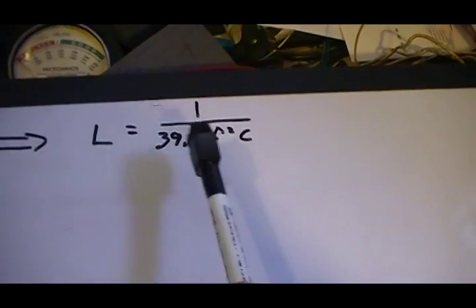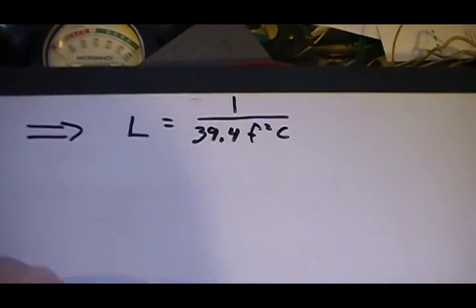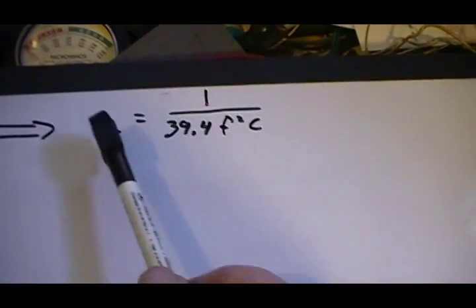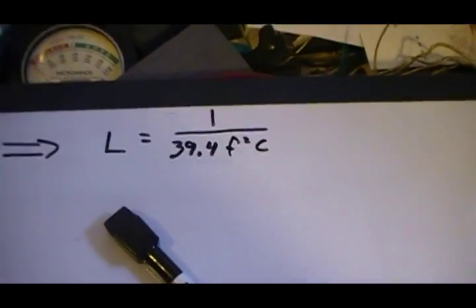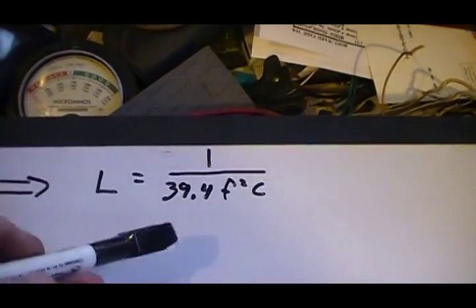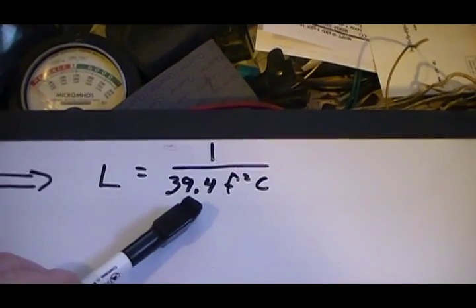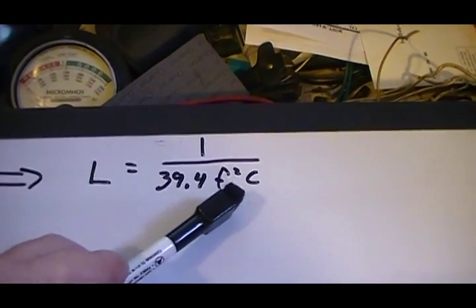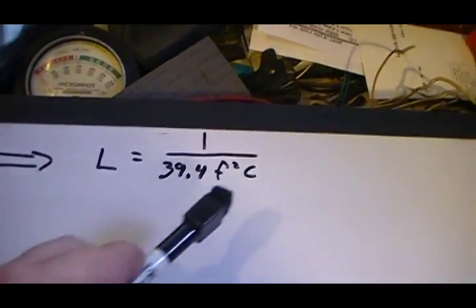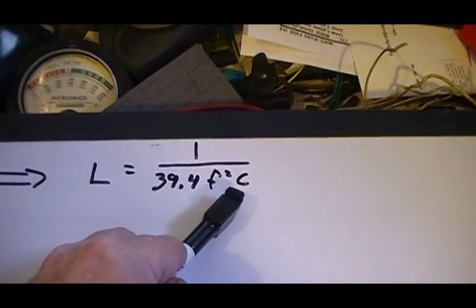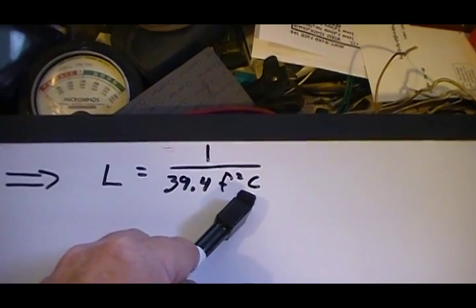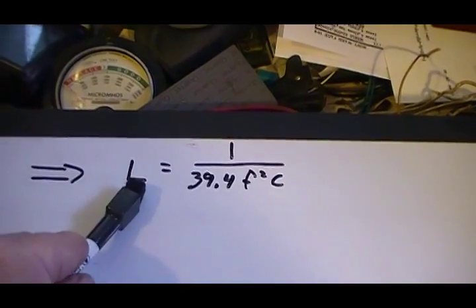Well, it works out when you arrange the formula, you end up with L, the inductance, being 1 over 39.4 times the frequency squared times your capacitance. Again, capacitance will be in this particular formula in farads. This will be in henries.